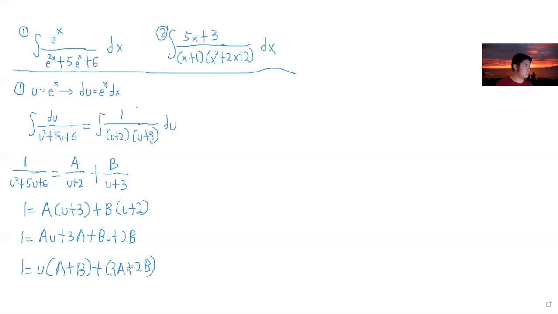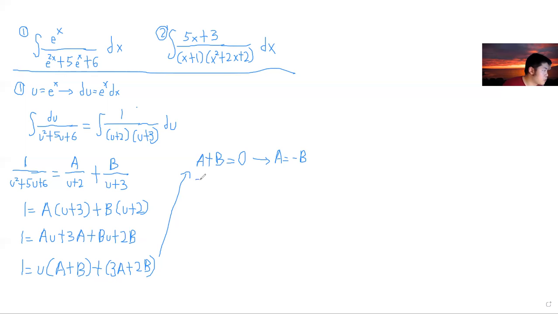And now from here, it's just a system of equations. So look here on the left-hand side, there's nothing with a coefficient of u. So a plus b has a value of 0, meaning a is negative b. And 3a plus 2b equals 1.